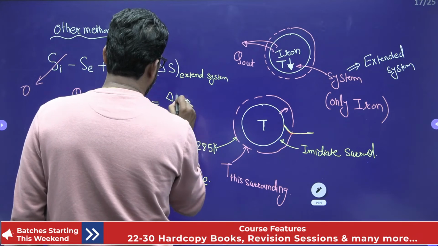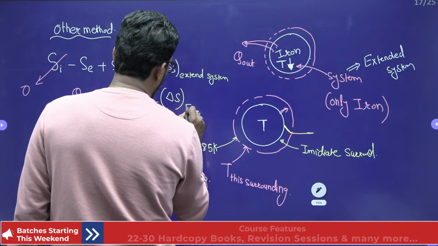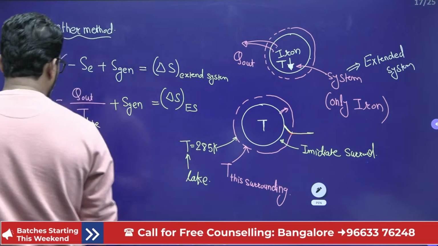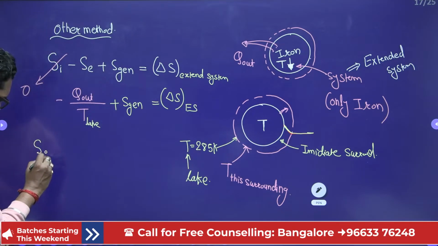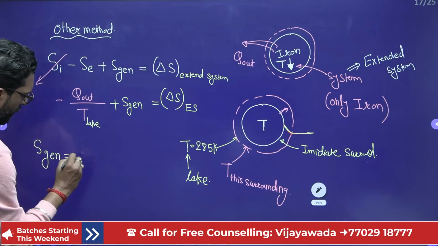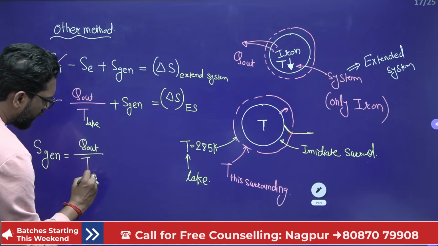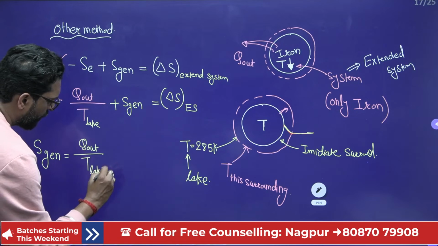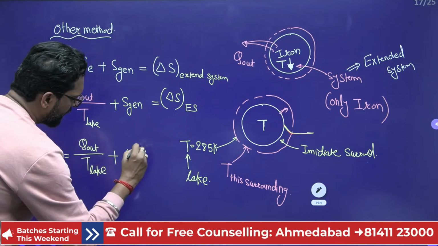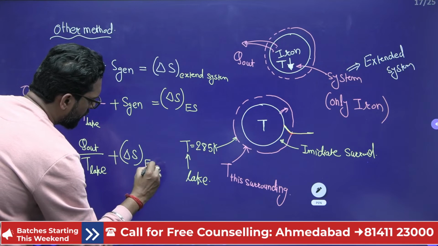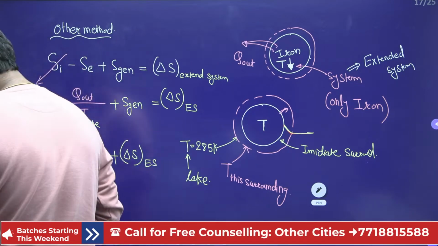So S generation is Q out divided by T of lake plus delta S of extended system.